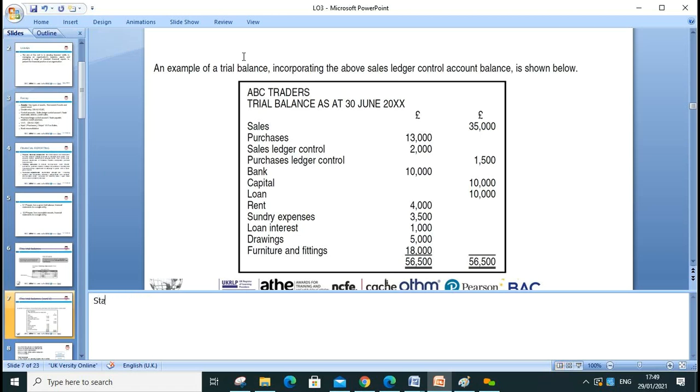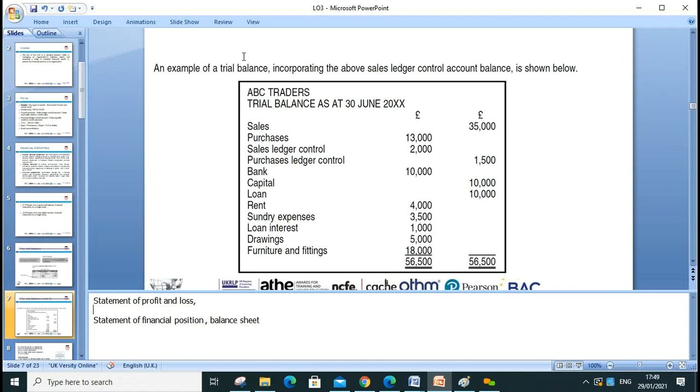We need to prepare two statements today. Statement of profit and loss. And we'll also prepare today's statement of financial position, which is also known as the balance sheet.